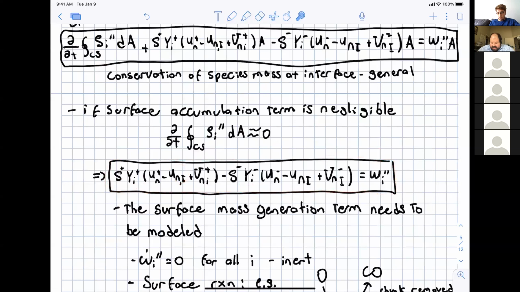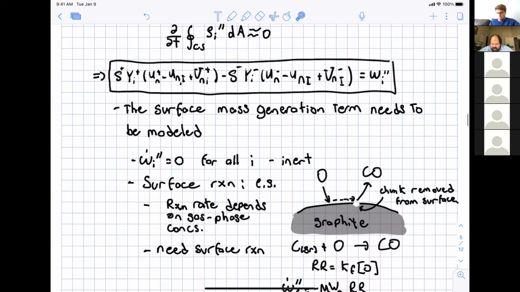Often the surface generation term needs to be modeled. For an inert surface for species I, omega dot I double prime is equal to 0, because we are not generating any species.